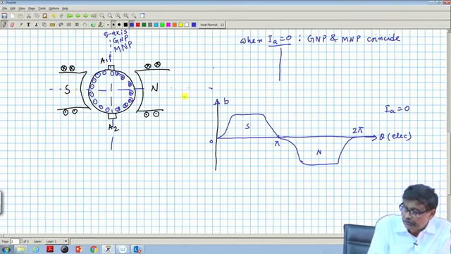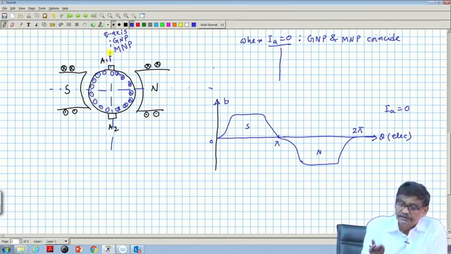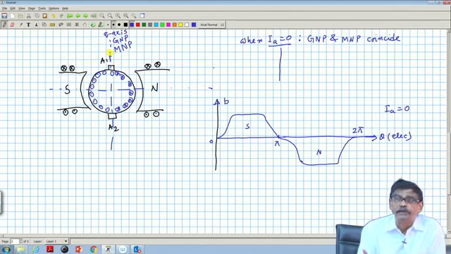The contribution of the main field will be 0, no doubt here, but because of armature current, when I A is not equal to 0, there will be some field existing along the q axis, or q axis is nothing but geometric neutral plane. Along that line there will exist some flux. We want to find out where will be MNP.